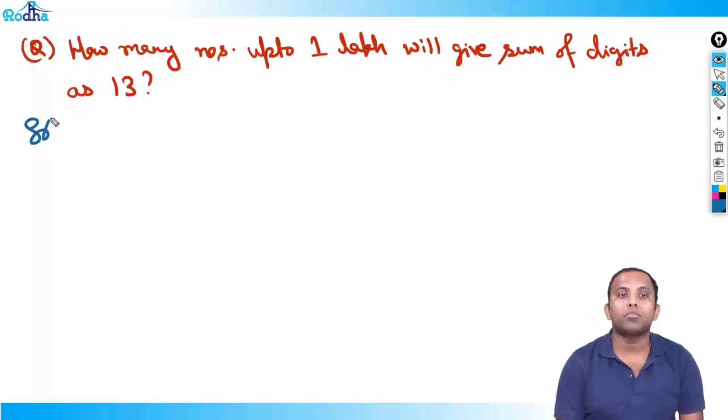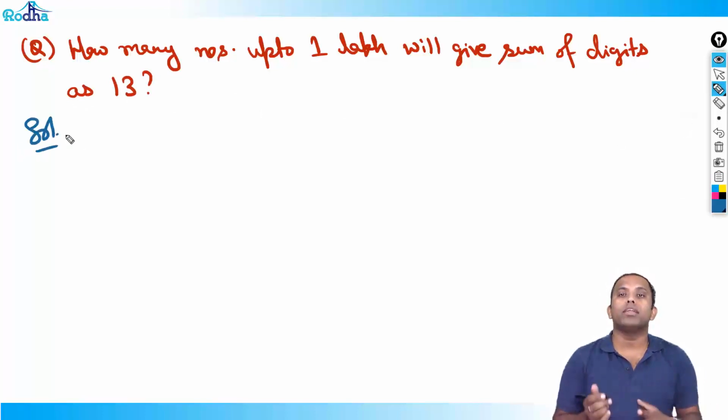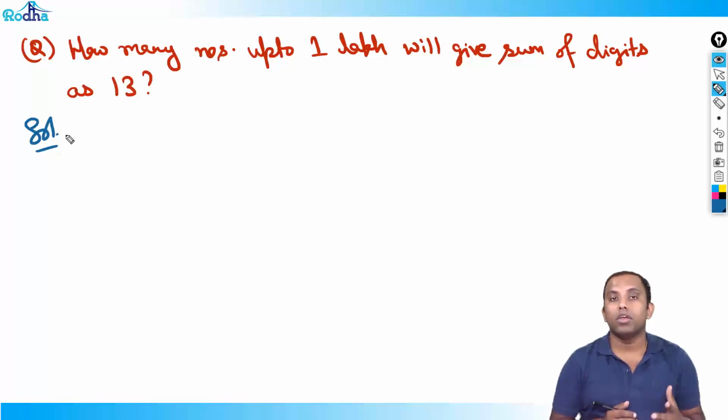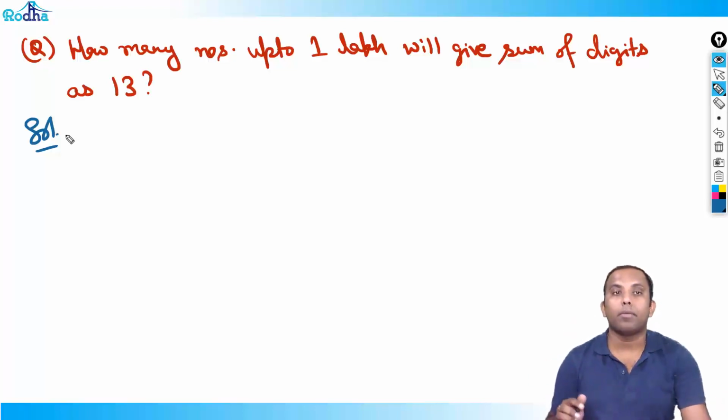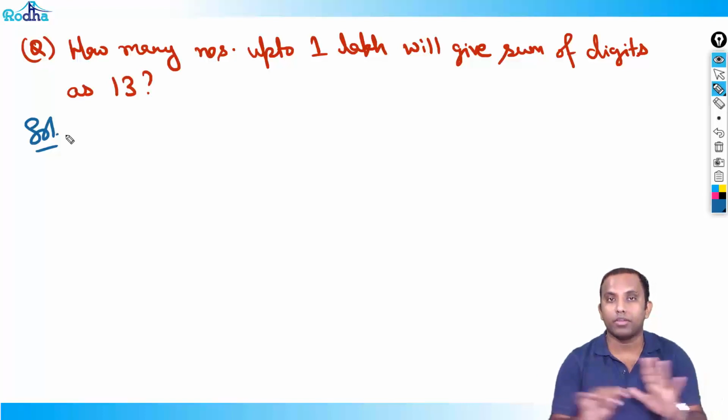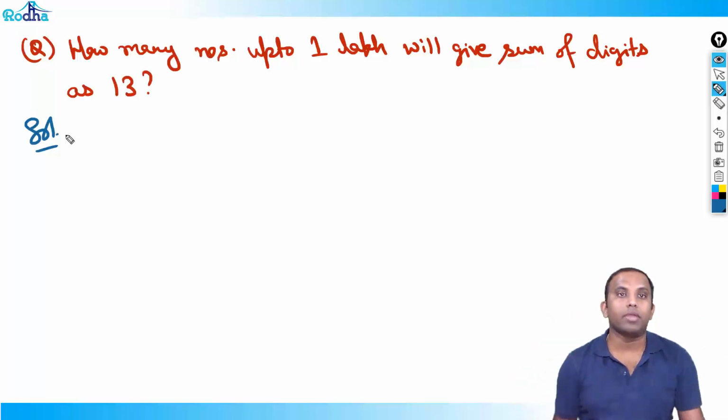Okay, I'm just playing around with numbers just more than 10. I know that values are not more than 10, right? So I'm playing around with numbers like 14, 13, 12. Why am I not taking numbers above 20? That also will come, every case we'll discuss, right? But get this concept absolutely fit in your mind. Okay, how many numbers up to 1 lakh will give sum of digits as 13, right?